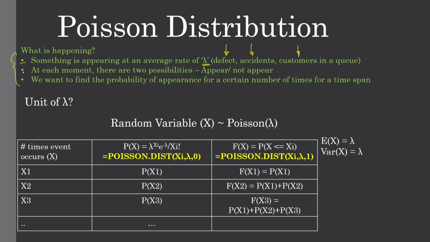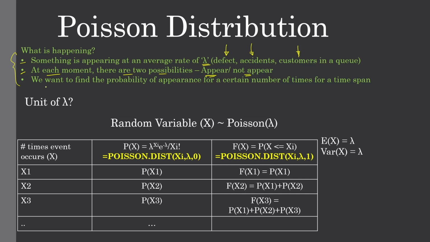Something is appearing. And then at every moment, there are two possibilities: either appear or not appear. So for instance, if there is a defect, then either the defect will appear or it will not appear. Nothing else can happen. So there are two possibilities.